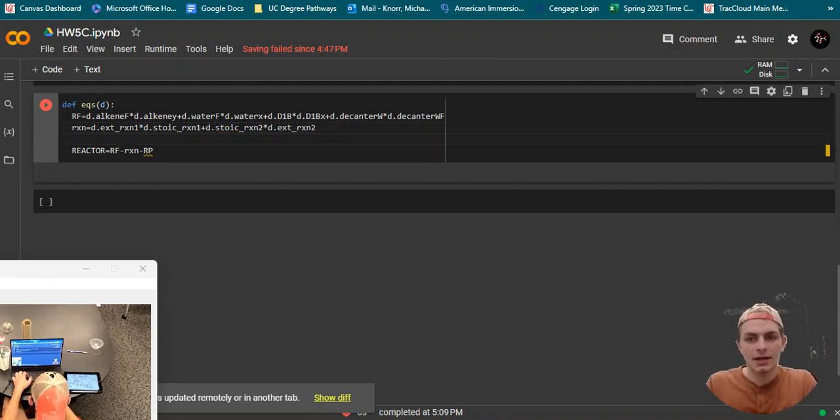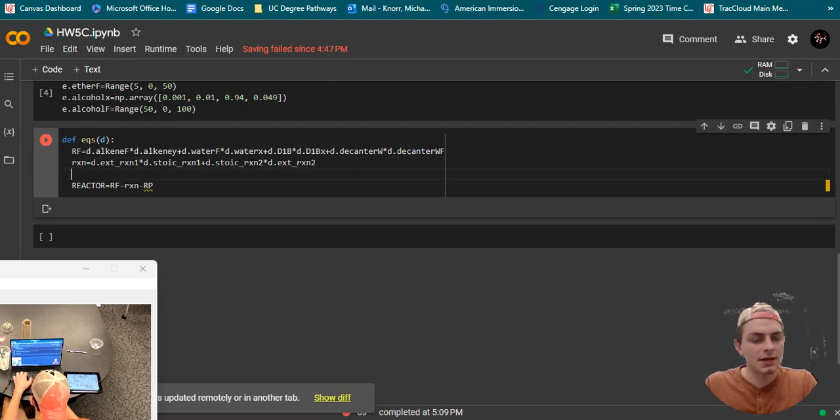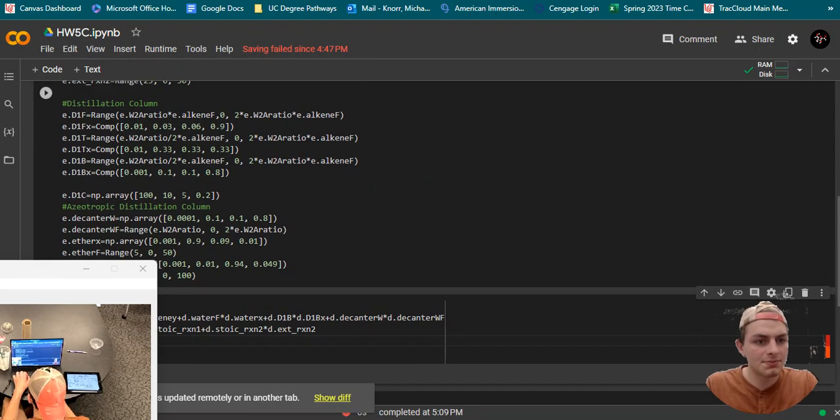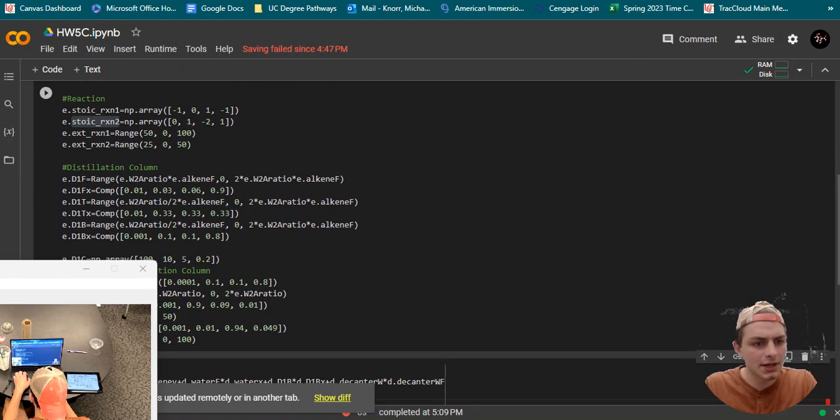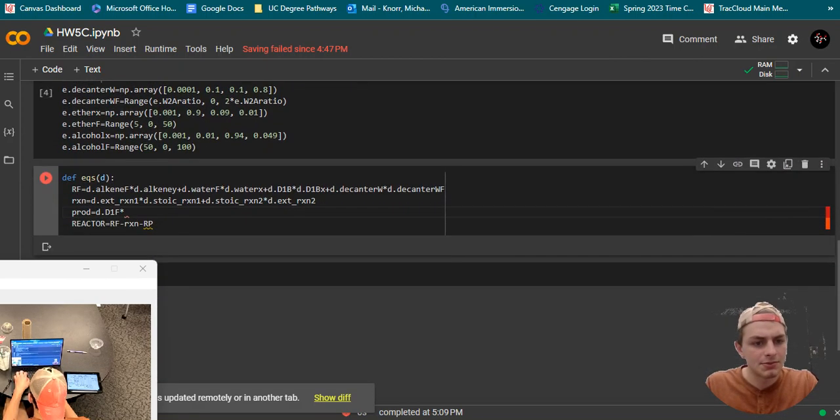Then we need to go ahead and do our products. Our products, again, are going to be what's fed into this distillation column. So it will be our D1F multiplied, well, did I call it F? Yes, I did. Multiplied by D dot D1FX.